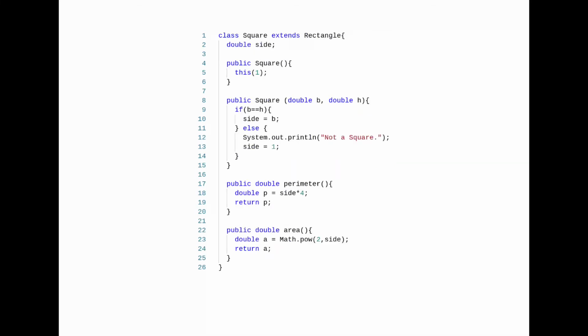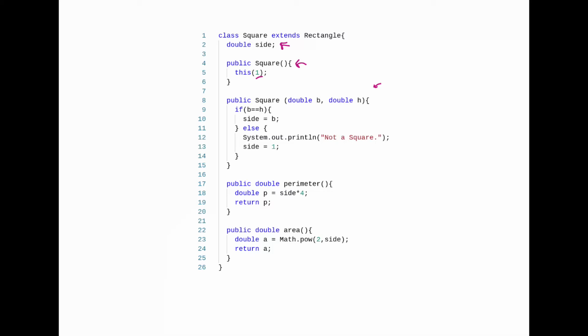Our last class here is Square, which is going to extend Rectangle. Here we have one instance variable that we're going to use. We have both of our constructors once again. Our default constructor will put 1 in for our parameter.